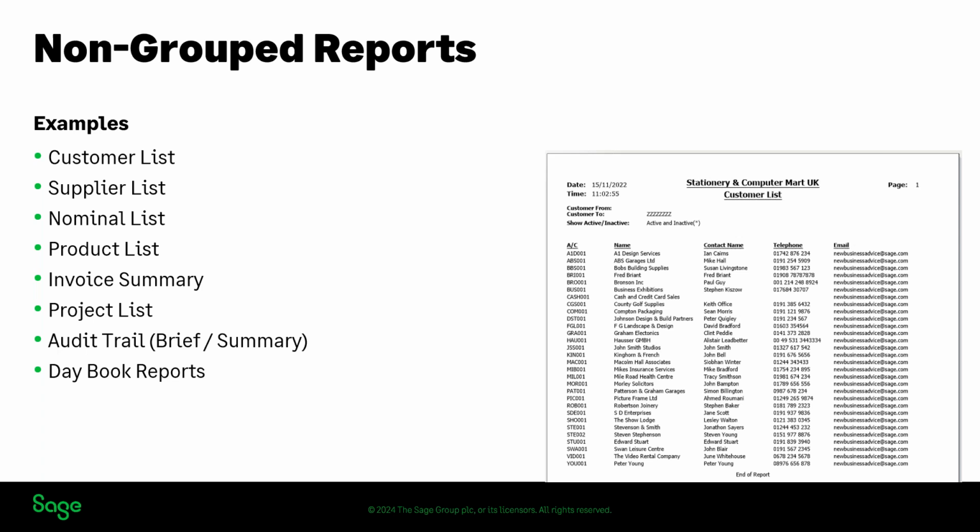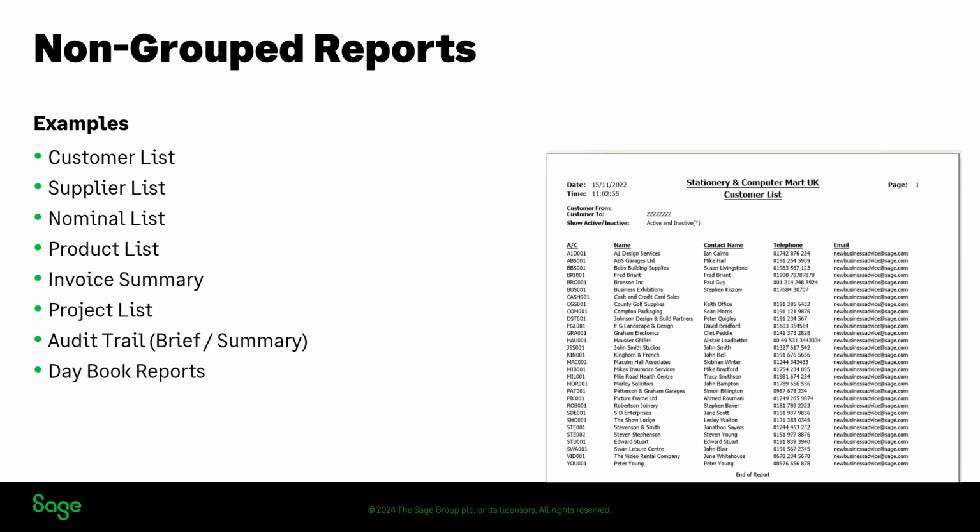Now, of the standard reports available in CH50 accounts, some will contain groups and others won't. We're going to start with non-grouped reports today. So I've got some examples on the slide there, and these are the commonly used reports which aren't grouped. So you can use these reports as examples if you want to practice adding groups after today's session.